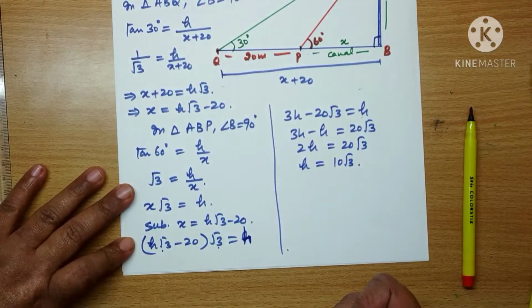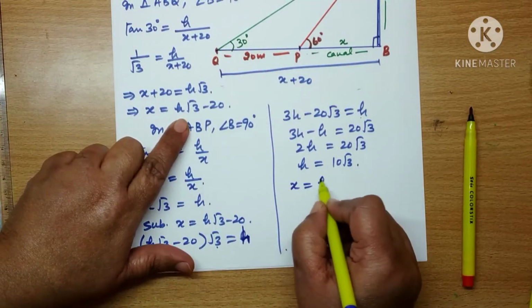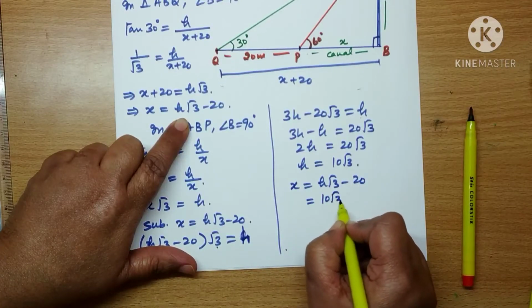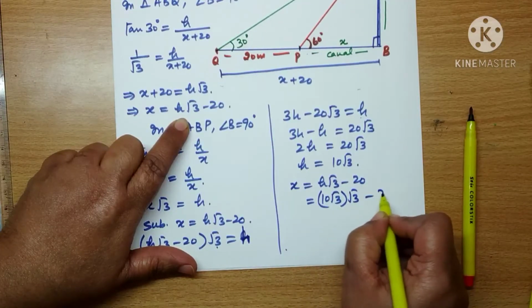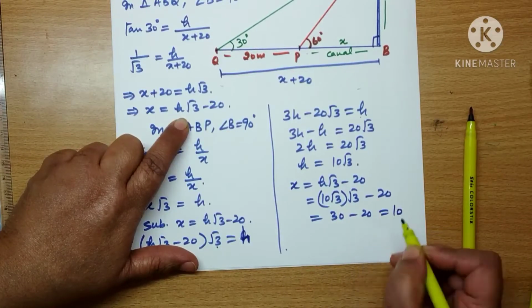So height is 10 root 3, and X is H root 3 minus 20. So 10 root 3 into root 3 minus 20. So 30 minus 20, 10.